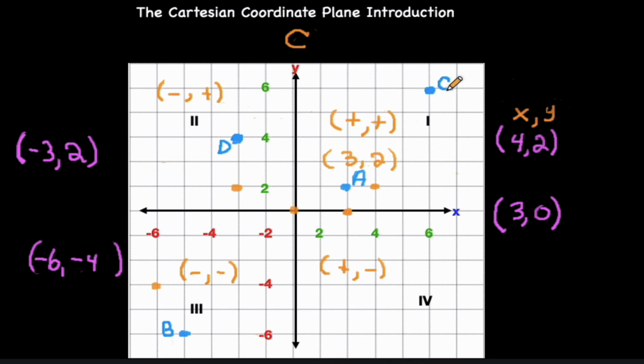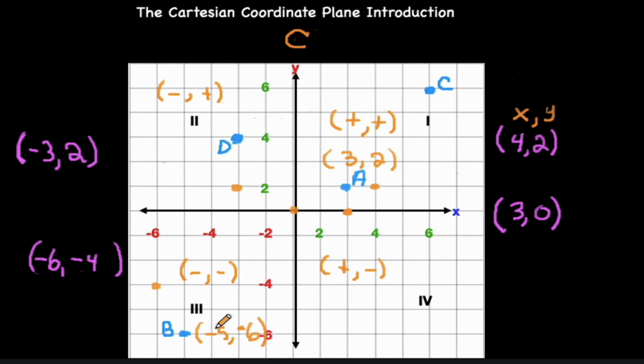All right, so let's go to B. So what about B? Well, if you take a look, if you move over, so it's at -5, -6. All right, so notice the point is -5, -6.